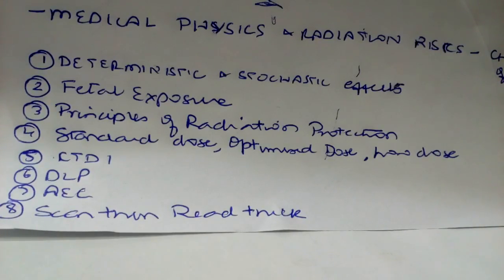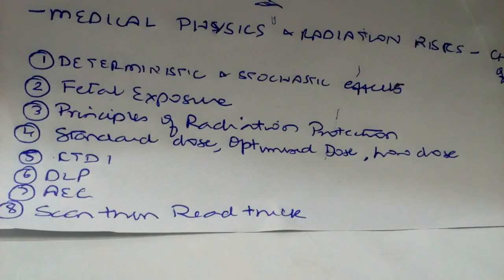AEC is automated exposure control, which is basically a device or software which determines the amount of dose which is being given to the patient, and which differs with the shape of the body.